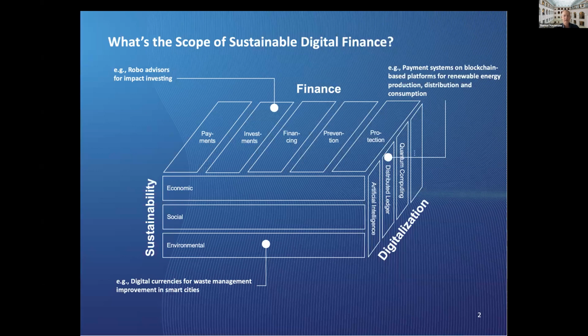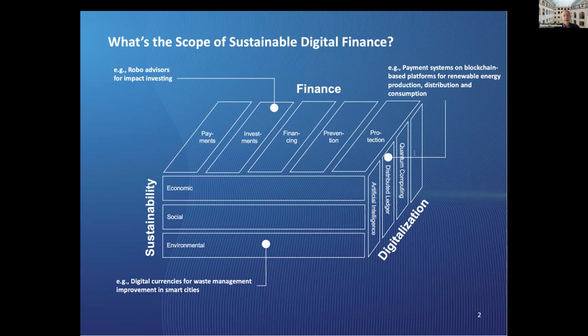So in terms of sustainability, economic, social, and environmental sustainability, and in terms of digitalization, several technologies are currently shaping this sector, like quantum computing, DLTs, AI, and many more.